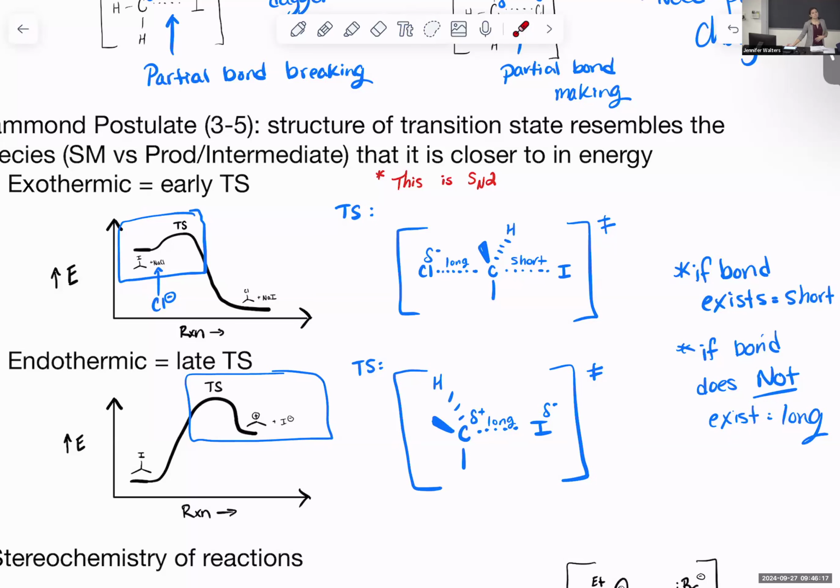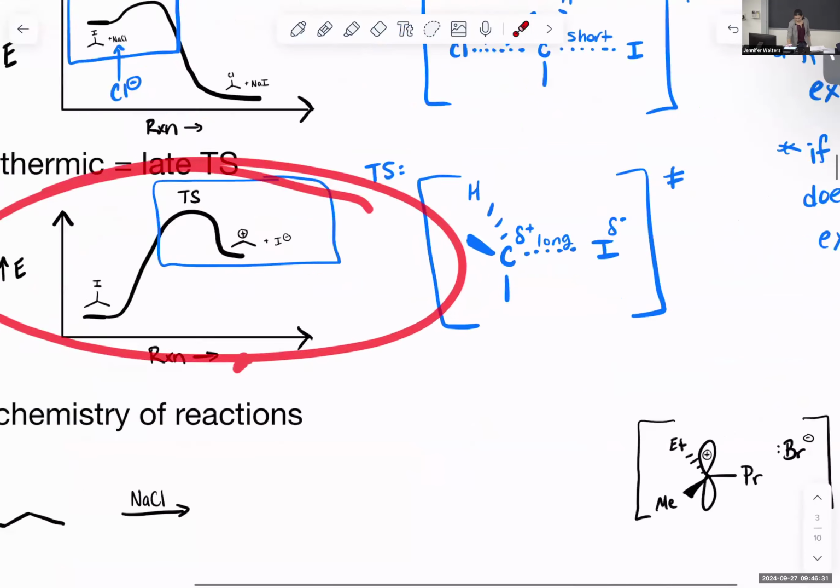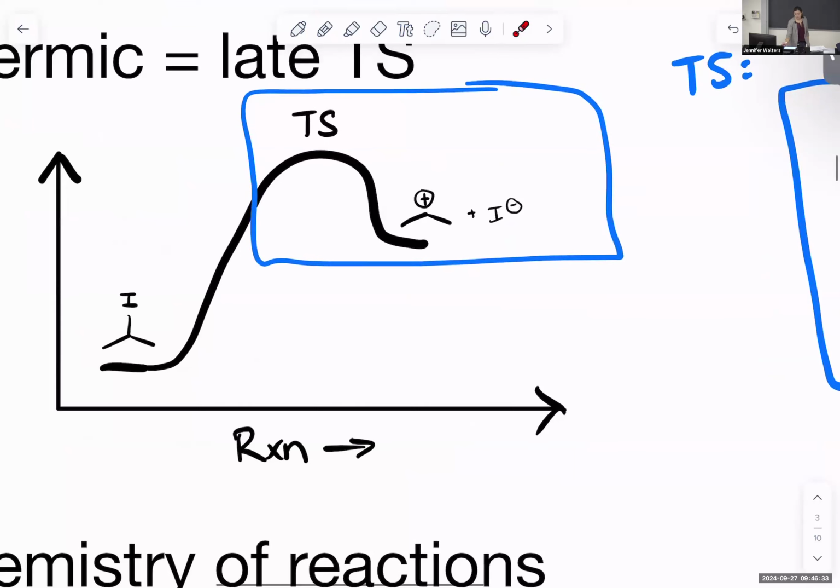Yeah, what's up? So in this case, the chlorine doesn't exist at all, so we're not drawing chlorine in our transition state because we don't have chlorine. But in all fairness, that's a little disingenuous to say that chlorine doesn't exist, because it could exist here.